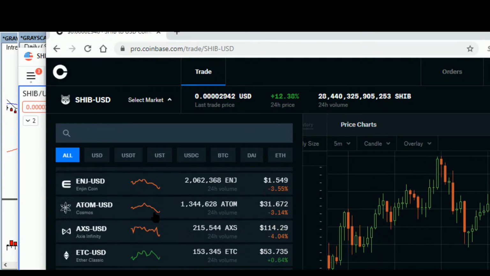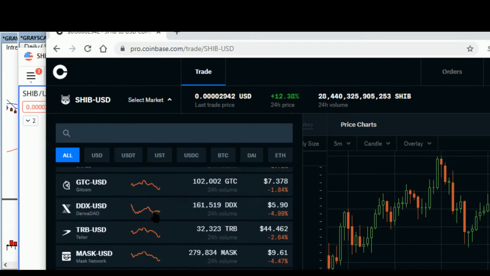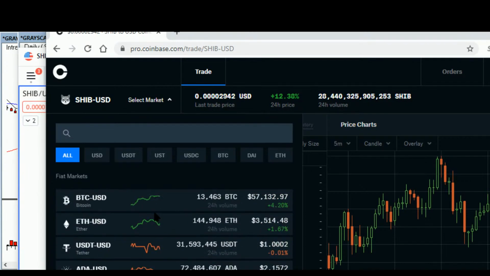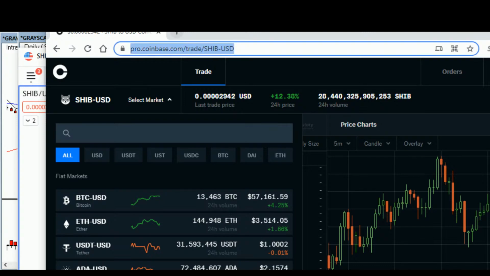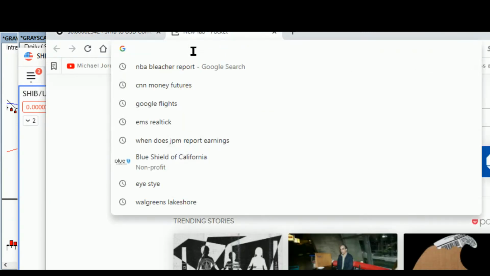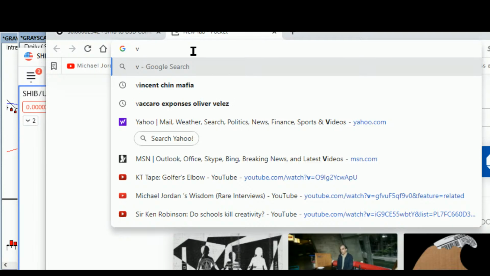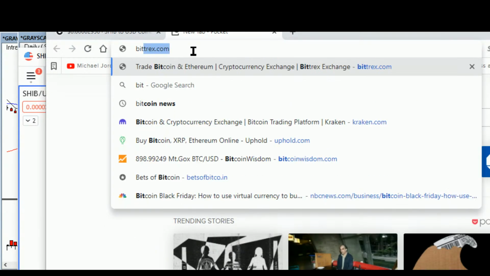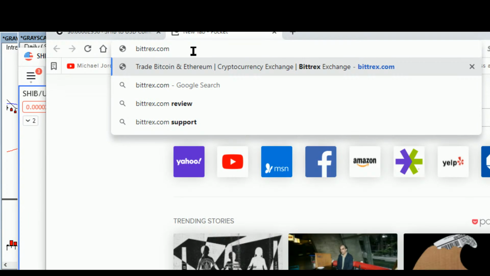So there's like 70 of them, or maybe more. I do have an account with Kraken, and I have an account with Bittrex, which has hundreds, 800 or something, but I haven't traded there in 2 years probably. At the time 2 years ago they had over 800, probably now over 1,000.